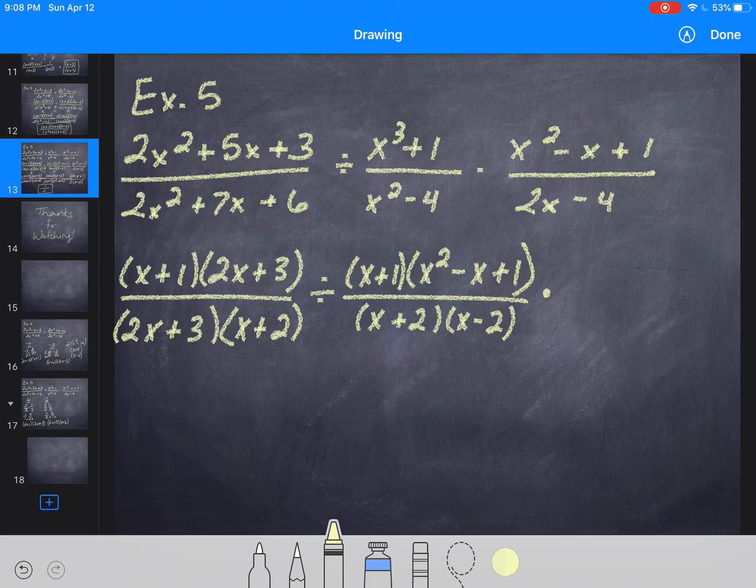You can pause here to factor. If you try to factor this, you would see that it is prime. There are no two factors that we could multiply together to get x squared minus x plus 1, so I will leave it alone. I'm going to go ahead and put it in parentheses so I know I tried.